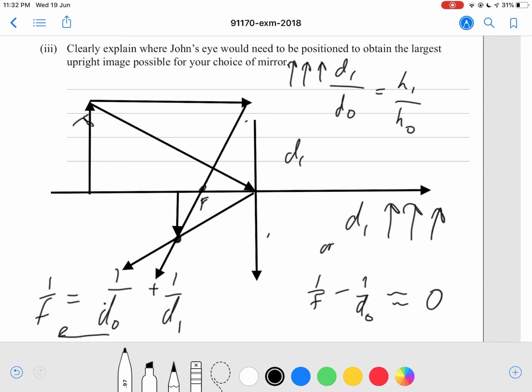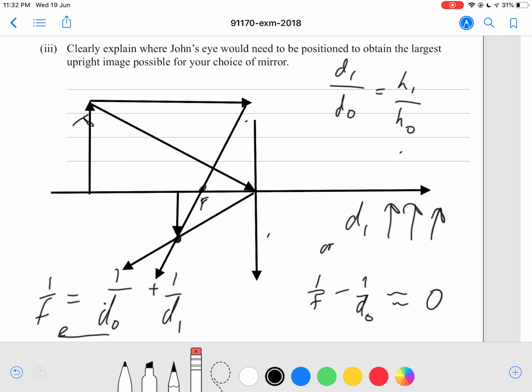Therefore di ho equals do hi. So if our di is up, then our hi will also go up. That's basically the explanation behind it.